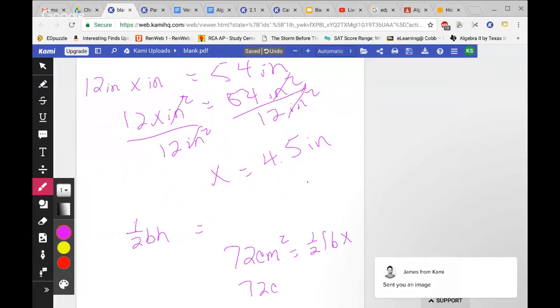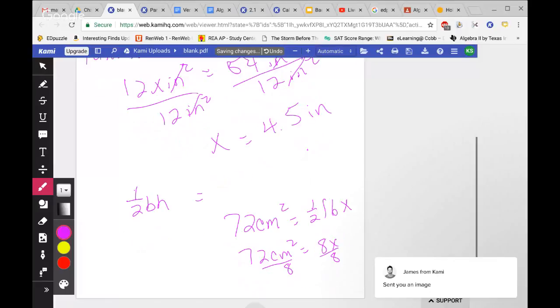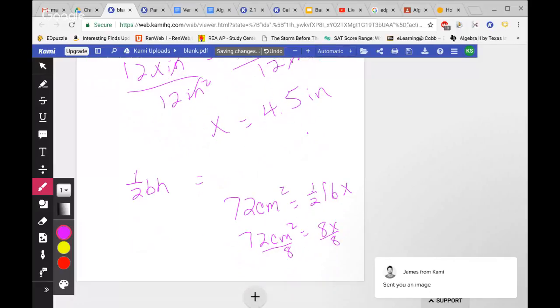So 72 centimeters squared equals 1/2 times 16, which is 8x. Then divide both sides by 8. And so that answer is going to be 9. Okay. So the height is 9. Okay, that makes more sense.